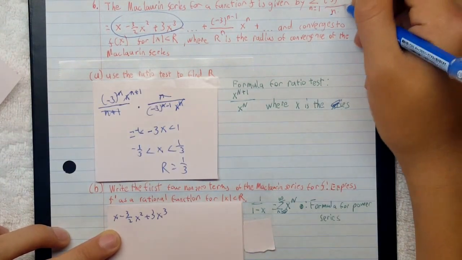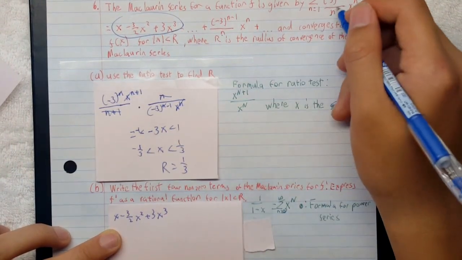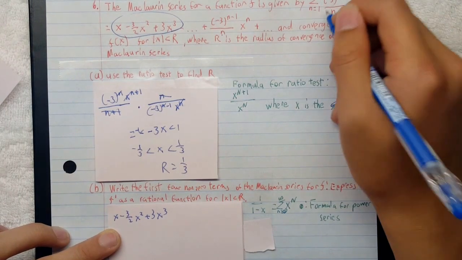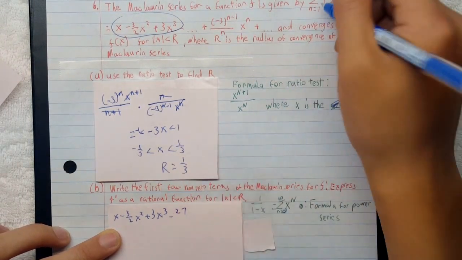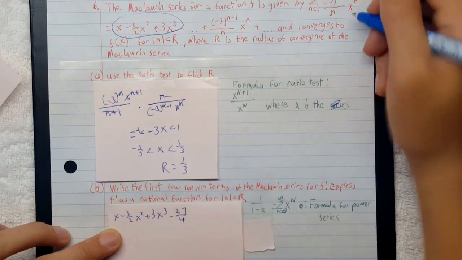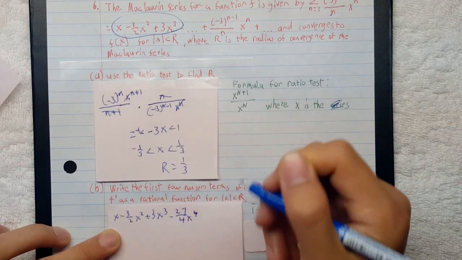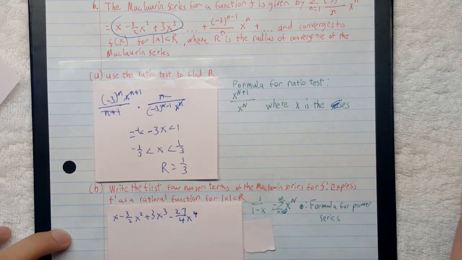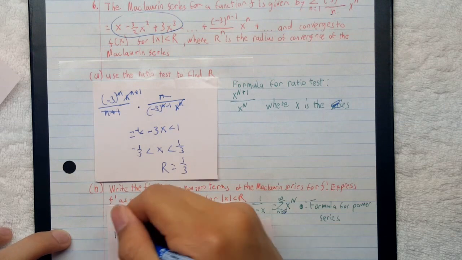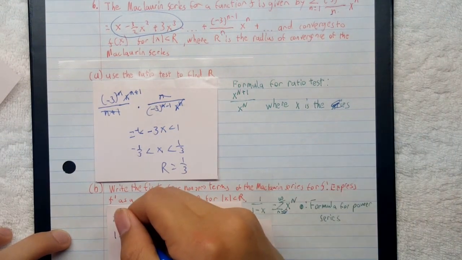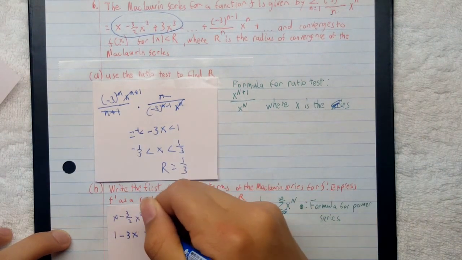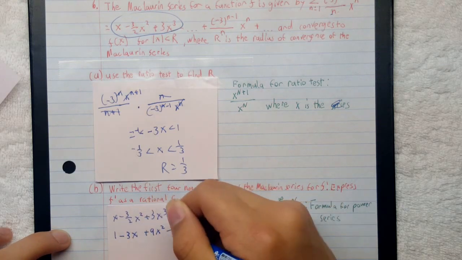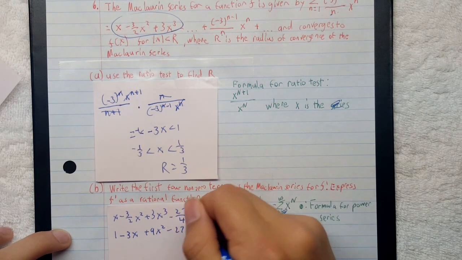So let's do that. We have negative 3 cubed, which is negative 27, over n equals 4, x to the fourth. Taking the derivative of each term, we get 1 minus 3x plus 9x squared minus 27x cubed.